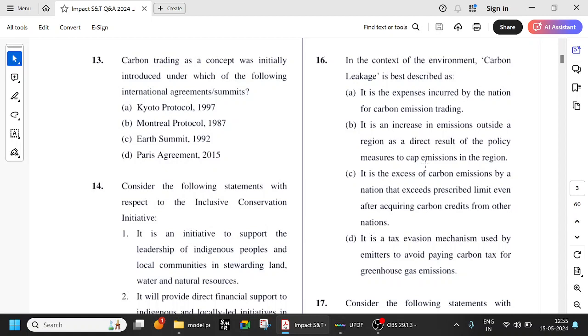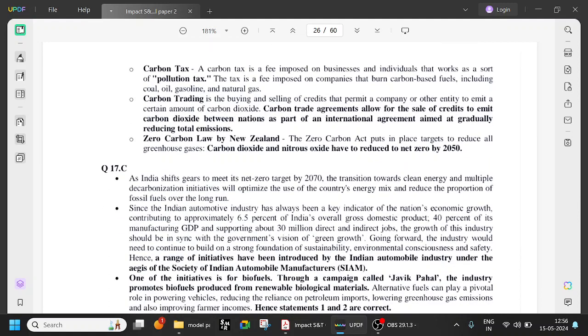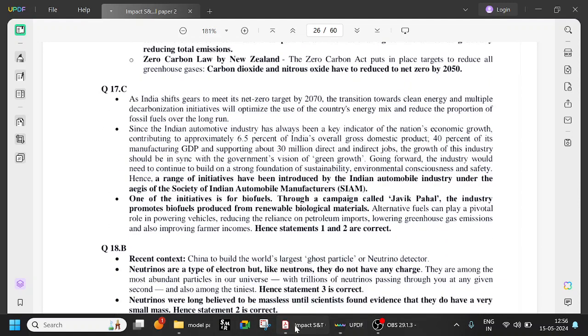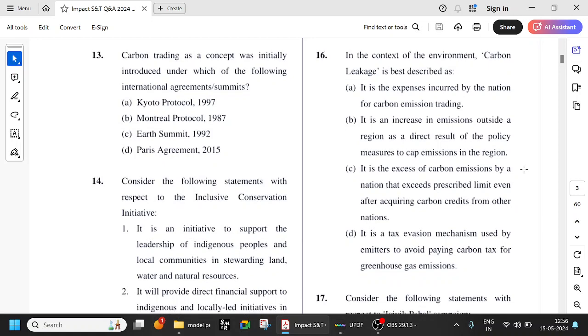In order to cap the emissions in the region, you are sending your production out, and that is actually increasing the emissions, because if you would have done the production in your country, say 100 units of emissions would have come, but now that you have sent it to some other country, they are producing 1000 units of emissions. So it is an increase in emissions outside a region as a direct result of the policy measures to cap emissions in the region. That is what is best described as carbon leakage.